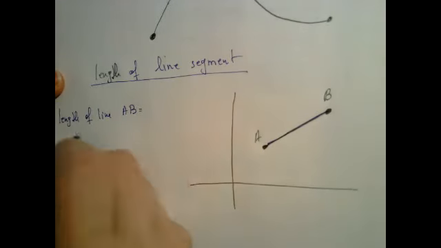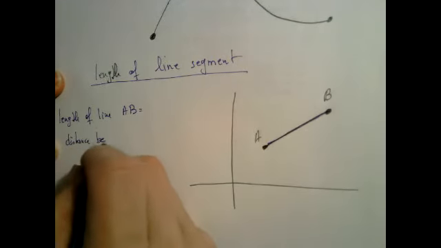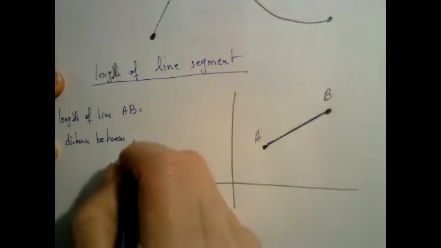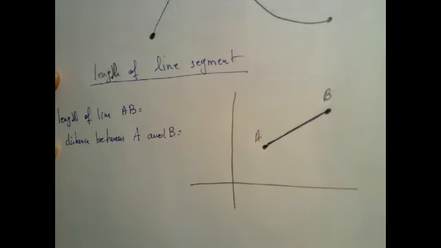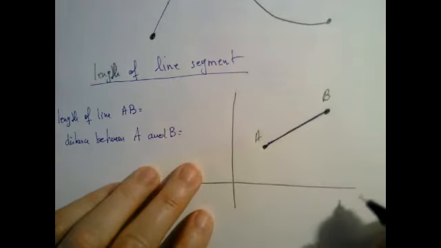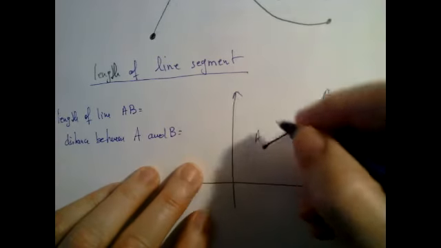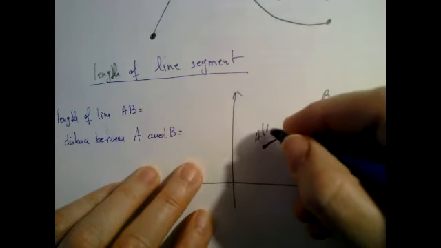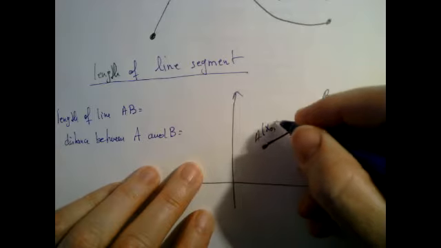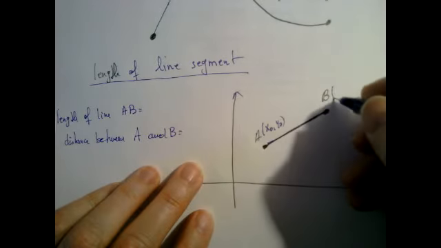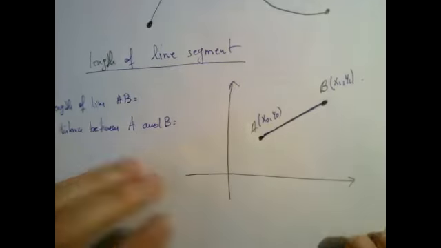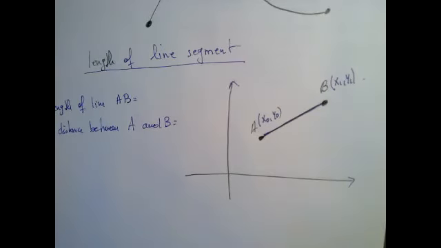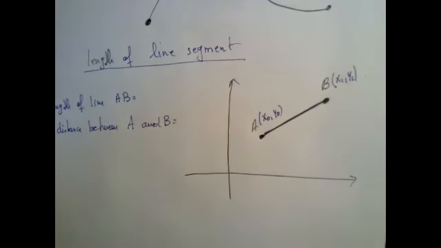So the length of AB is nothing more than the distance between A and B. What's the distance between them? Since I am in a plane, I'm going to give them coordinates. I'm going to call this point (x0, y0) if you want, and this has coordinates (x1, y1). Okay, who can give me the distance between them in terms of their coordinates?